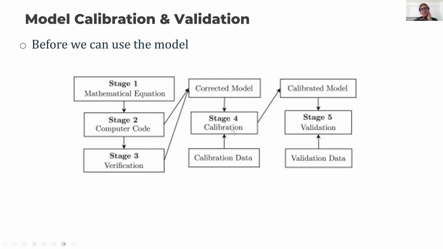So then after we calibrate the model with a set of parameters that we identified, we should run the model with a different situation. For example, this is spring tide, this should be neap tide, or whatever.